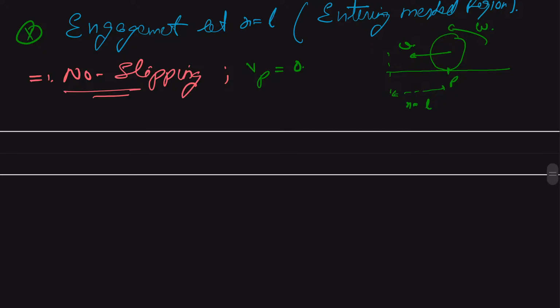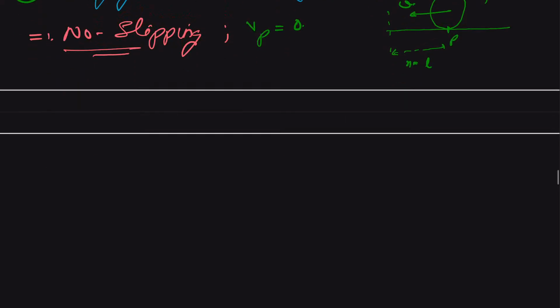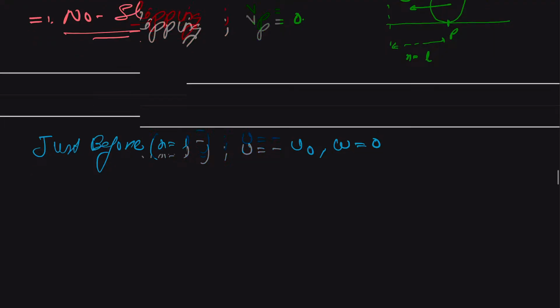Therefore we can write that just before, that is x is equal to L negative, we already know that v is equal to minus v naught, and omega is equal to 0.